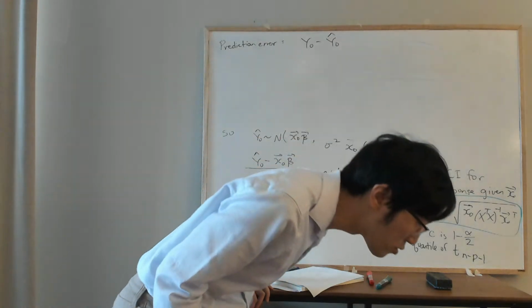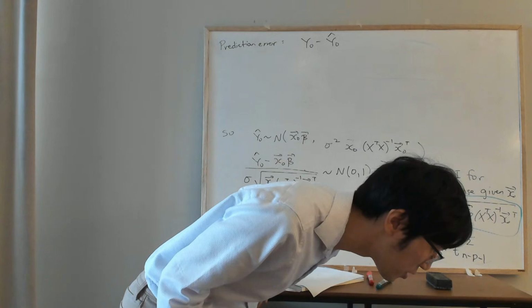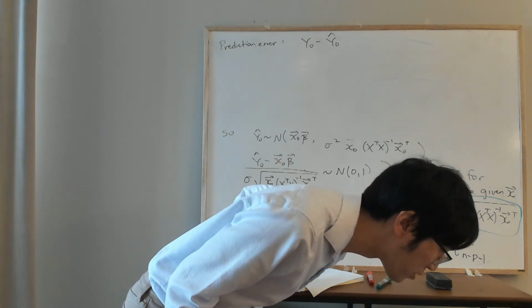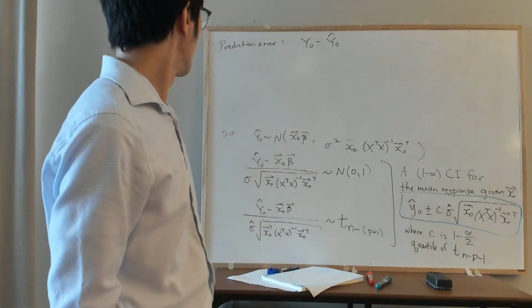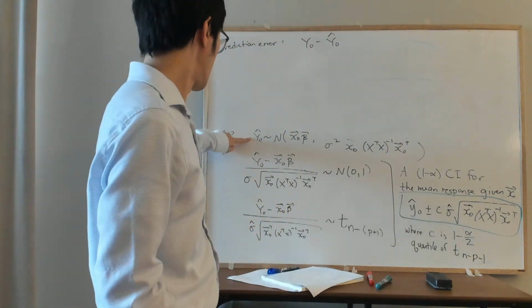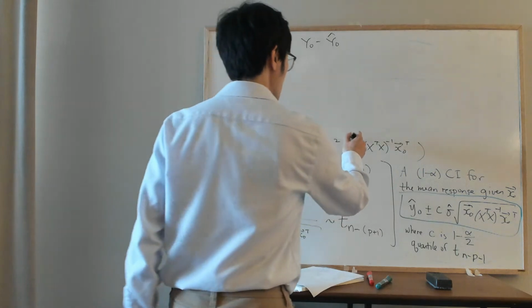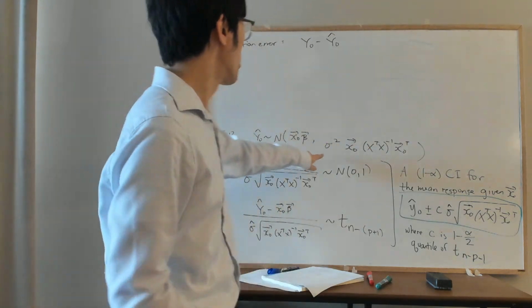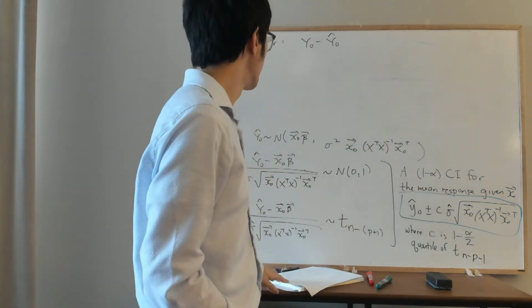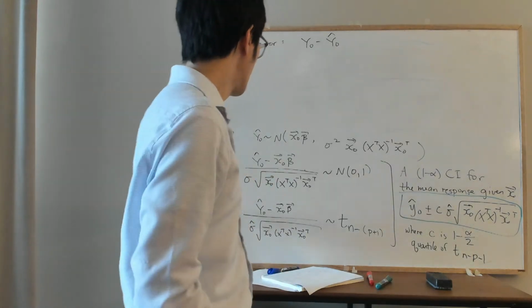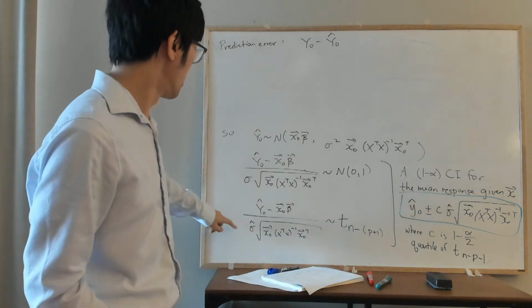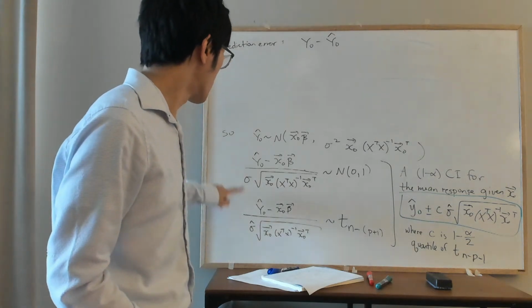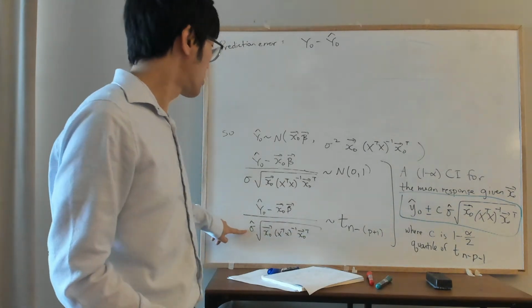There's a question: shouldn't the denominator be sigma divided by the root of that? The normal has variance sigma squared times all of this, and therefore the denominator is the square root of all of this, so this line is correct. Then we divide, and we change sigma to sigma hat to get the t distribution.